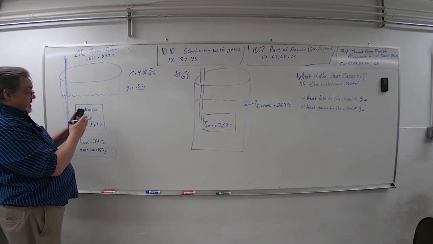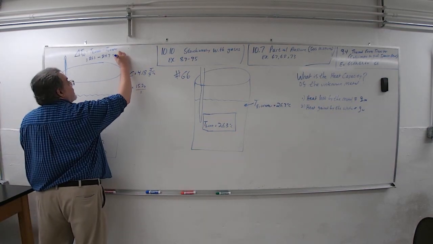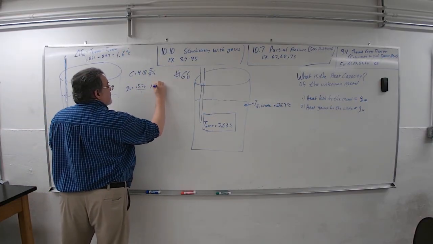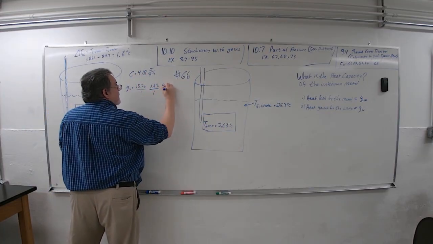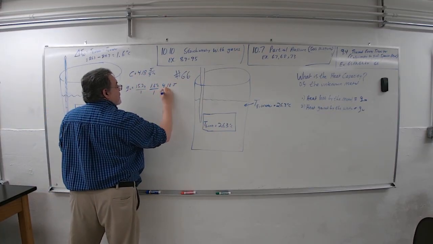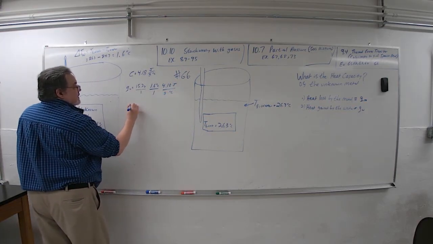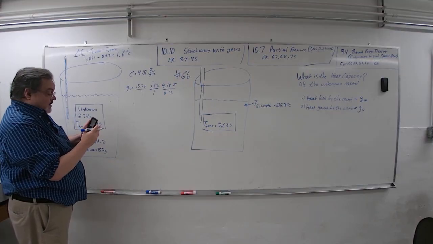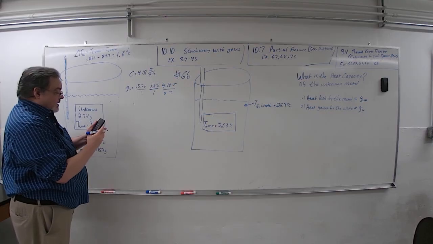And so this should come out positive. 1.6 degrees C was the delta T, and then the heat capacity. So you multiply that out, you get 15.2 times 1.6 times 4.18.